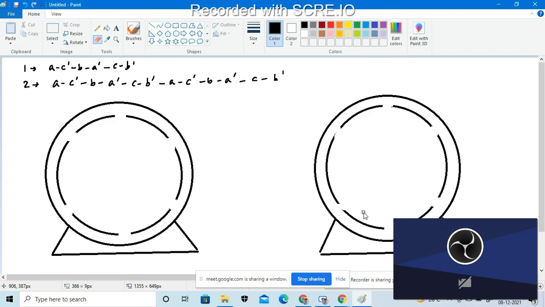Angles. So first you have to concentrate on that particular figure.